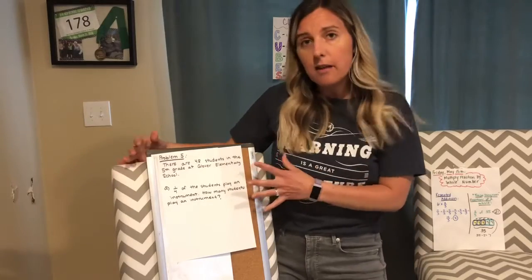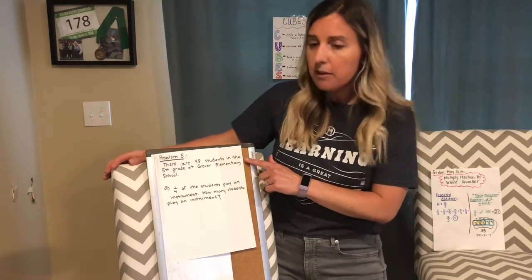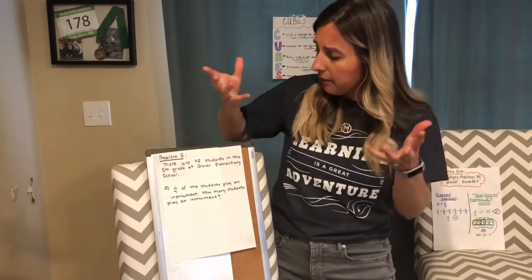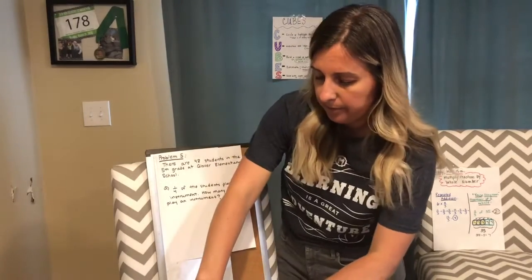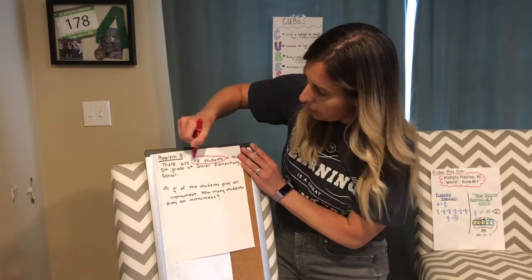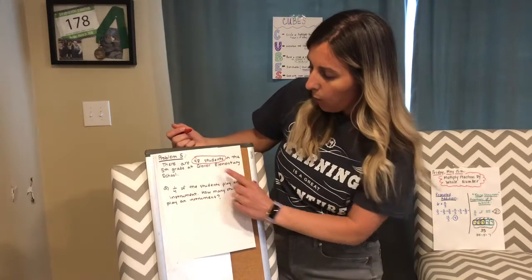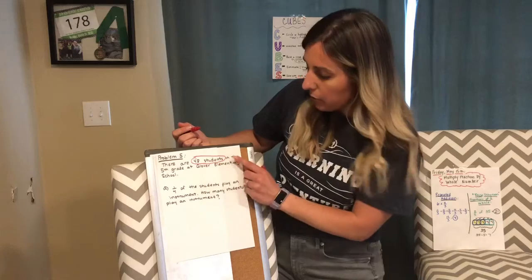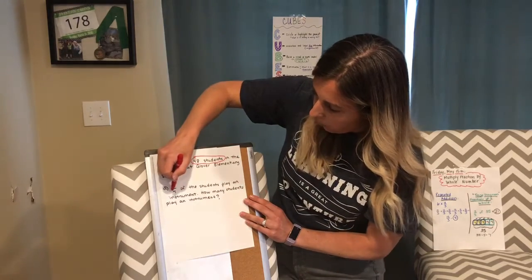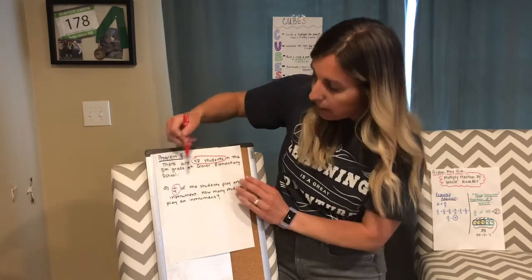All right, so here's the perfect example of a word problem that is giving me a total amount of something, 48 students. So I have 48 total students, and I want to find out what part of this 48 students play an instrument. So I know that 1/4 of the students play an instrument.